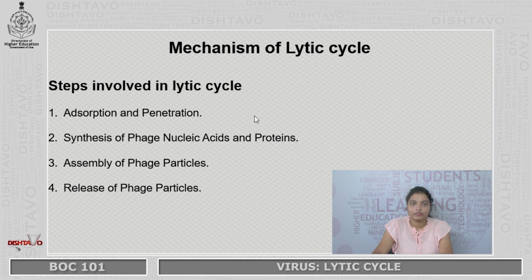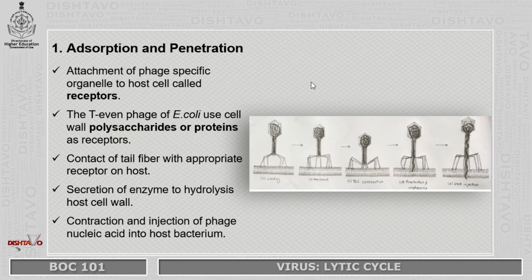As we all know, viruses do not reproduce on their own. They require a host which they infect in order to live. Now coming to the first step, that is adsorption and penetration. Like all viruses, bacteriophages do not just attach to any part of the host cell. They will find a specific structure called a receptor site. Receptors can be anything.